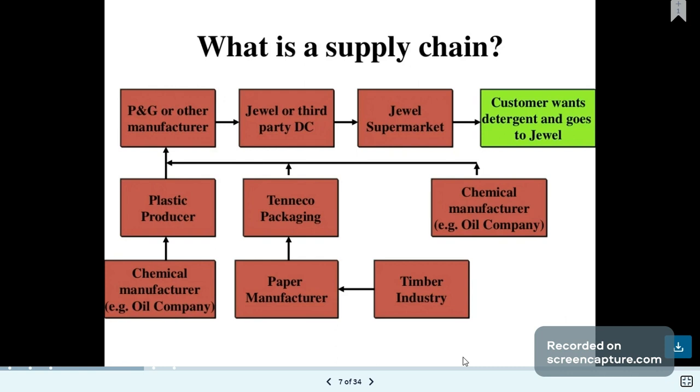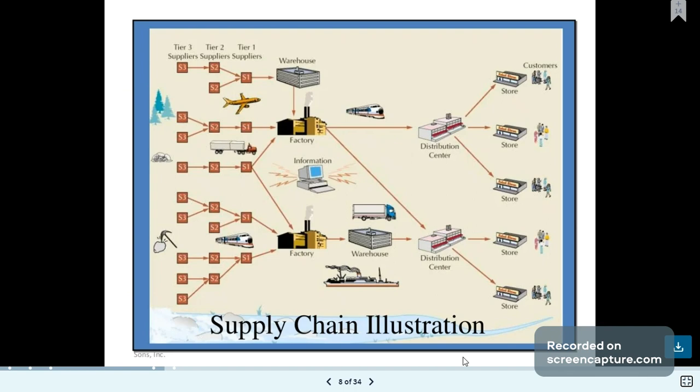These can go to the plastic producer, and these can go to the P&G manufacturer. And from here, the chemical manufacturer, oil company, will directly go to the other company as well. And timber industry, paper manufacturers, technical packaging, these are the things which we can understand in the supply chain.